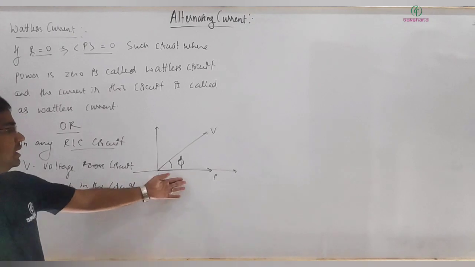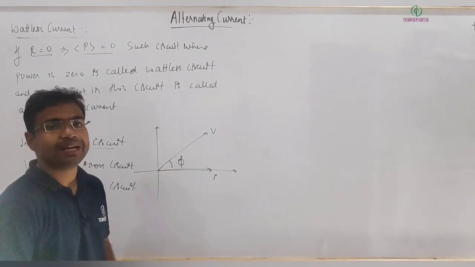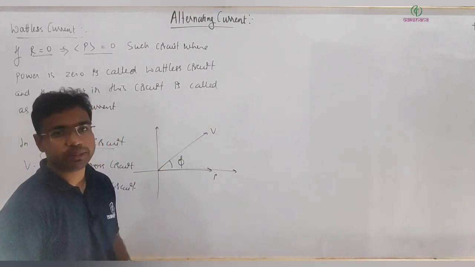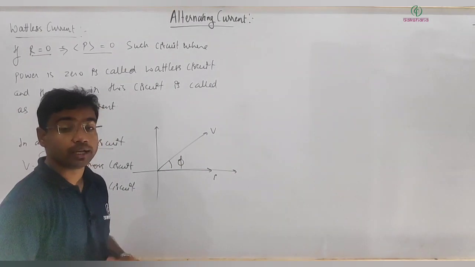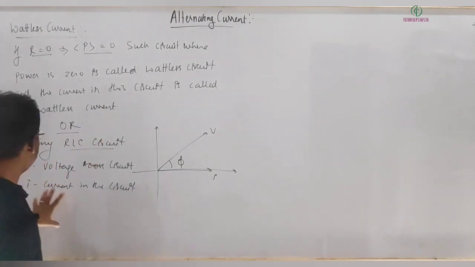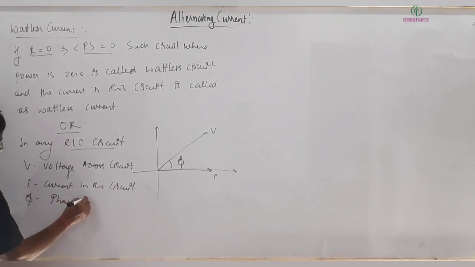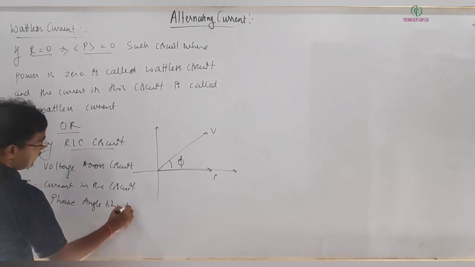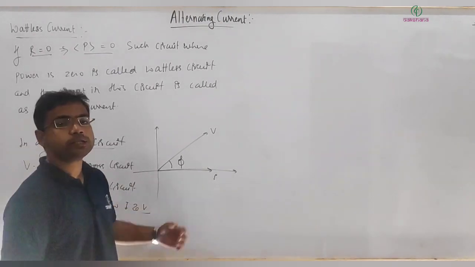I am mainly talking about a series circuit. Even in the case of a parallel circuit you can go exactly the same way, since the voltage will be there and the net current will also be coming at some point. So it also satisfies the condition. Here phi is the phase angle between I and V.